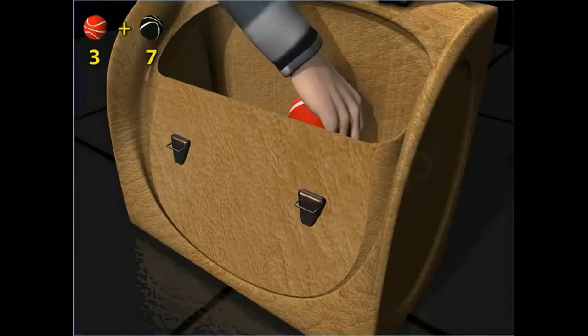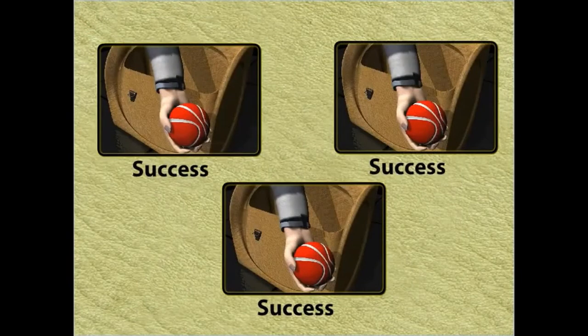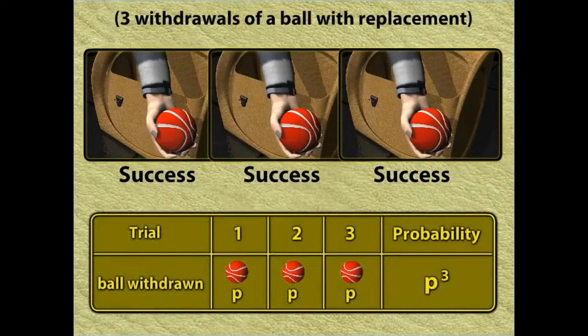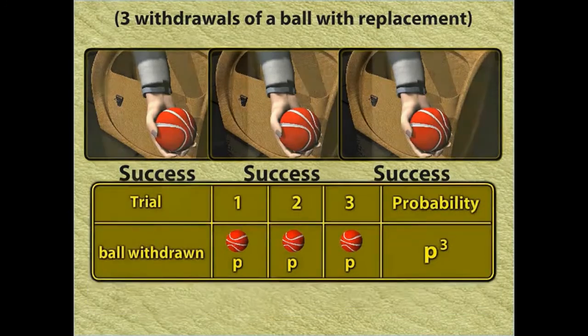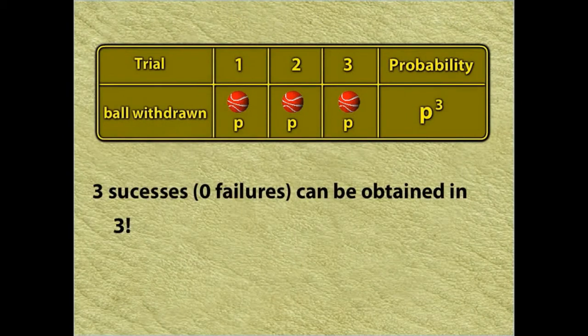Now, last case is getting 3 successes. This implies that you get 0 failures. 3 successes can occur only in one way, or you can say that the possible combinations for 3 successes are 3 factorial upon 3 factorial into 3 minus 3 whole factorial, that is 3C3.